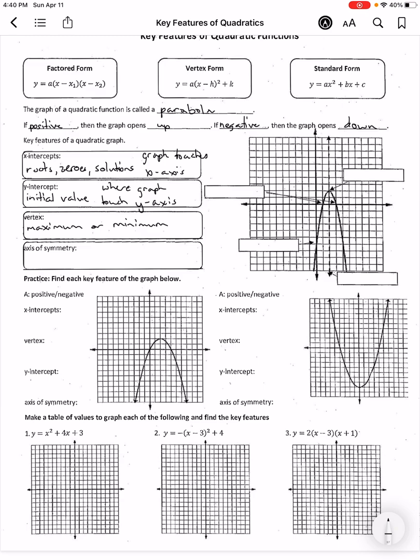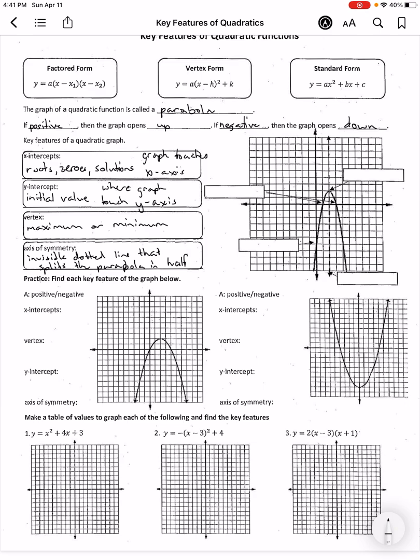And then lastly, the axis of symmetry is the invisible dotted line that splits it in half. You have to excuse my handwriting, but the invisible dotted line that splits the parabola in half, that's the axis of symmetry.